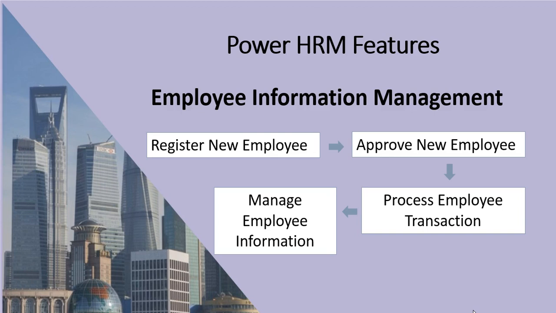After approval is done, then you can start processing employee transactions like process his salary, any other deduction, disciplinary, loan and all that. Those are what we tag as employee transactions.